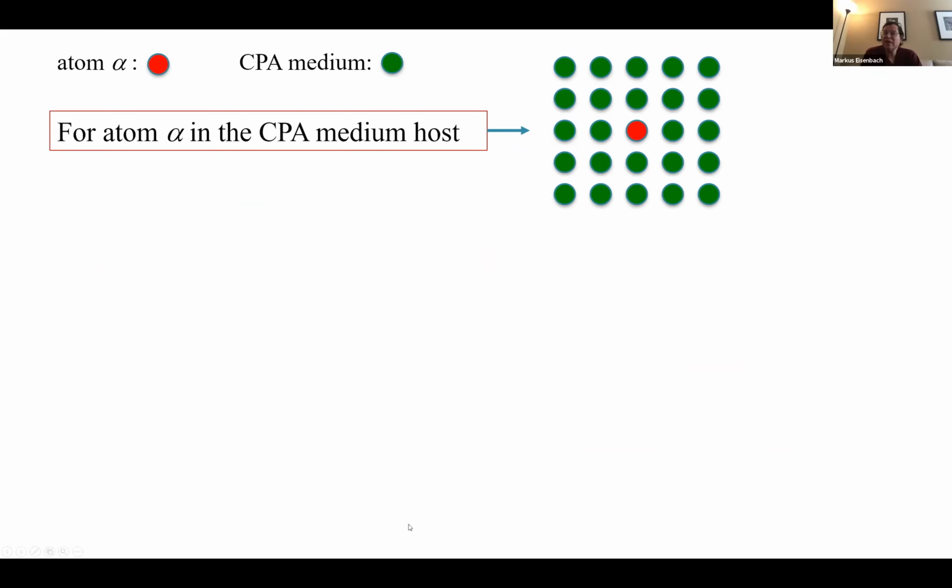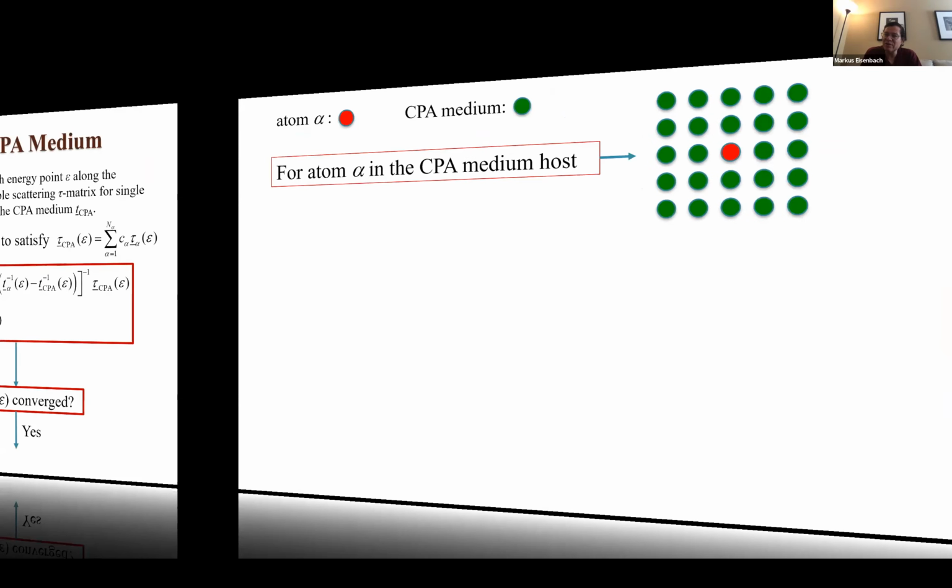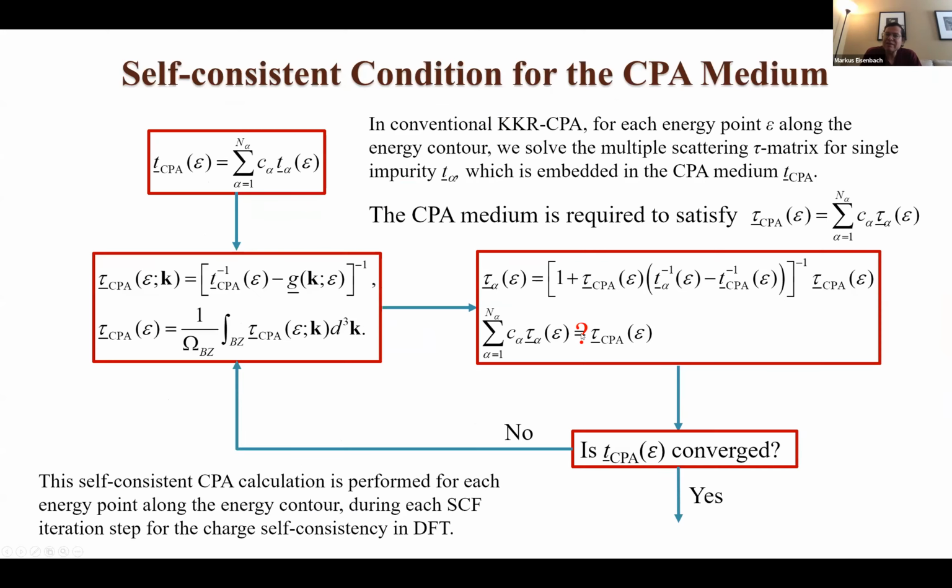So the calculation of TCPA is basically solving a set of linear equations, for your next guess, so that this condition is satisfied? Yeah, this has to be checked, and this will be satisfied. That gives you a set of linear equations that you can solve to get a new guess for TCPA.